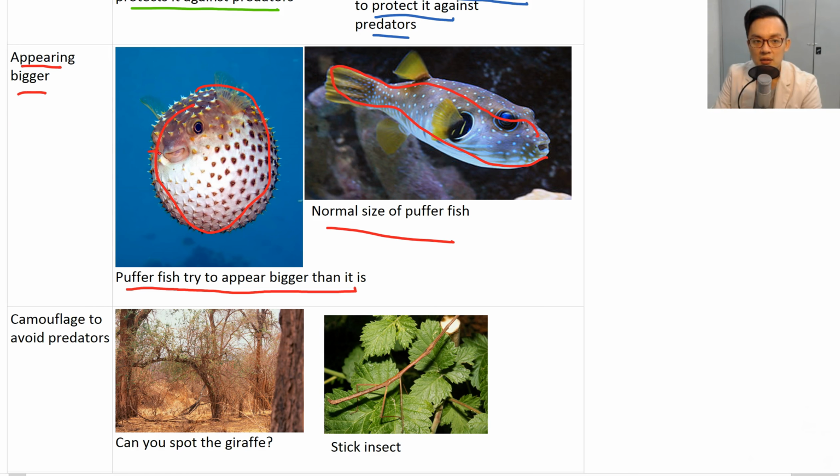They also have sharp spikes, which makes it very difficult to eat them. And because they are so big, it's difficult to eat because the mouth of the predator is not so big, so it cannot bite them.